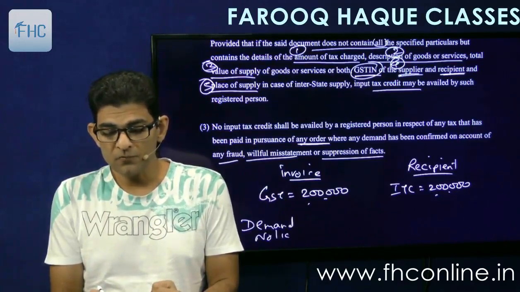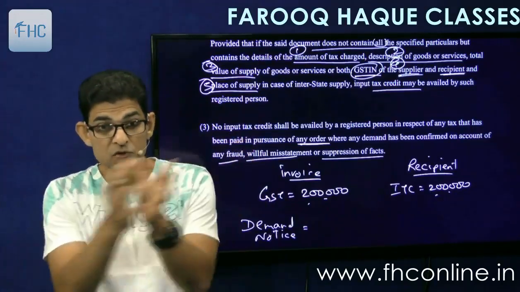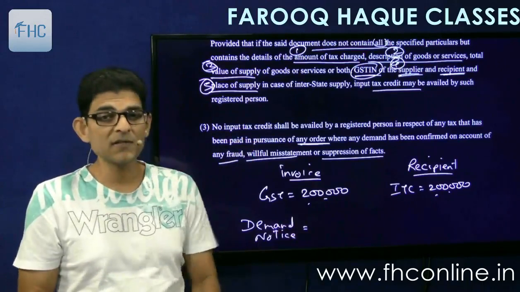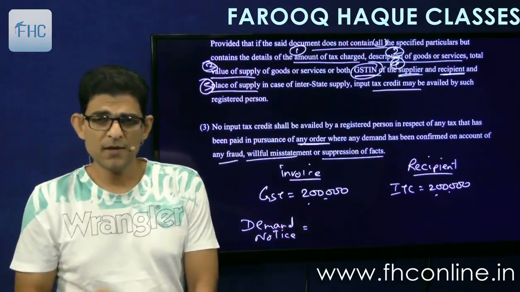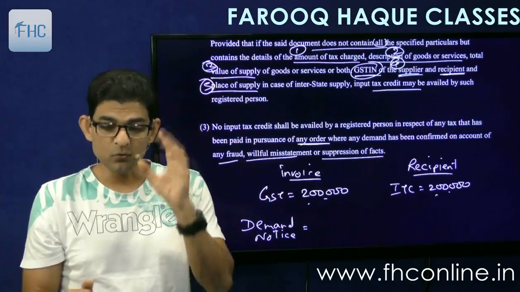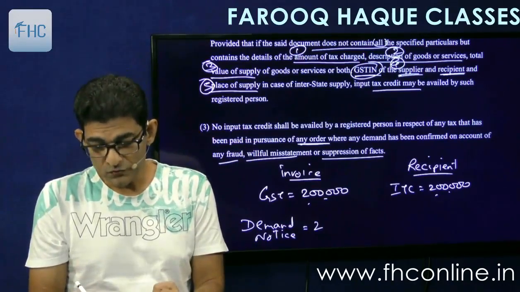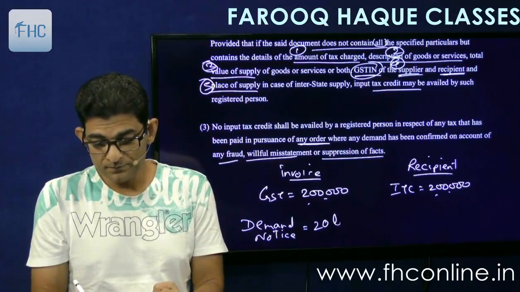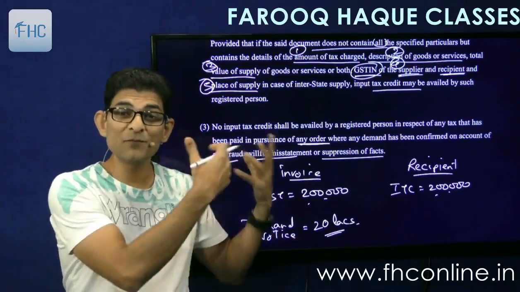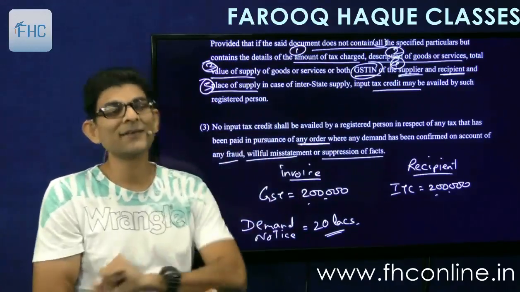This whole procedure of recovery of tax we'll study later on. Section 74 applies here. The department assesses the fraud amount and gives a demand notice of 20 lakhs. So 20 lakhs more tax is recovered from this supplier.